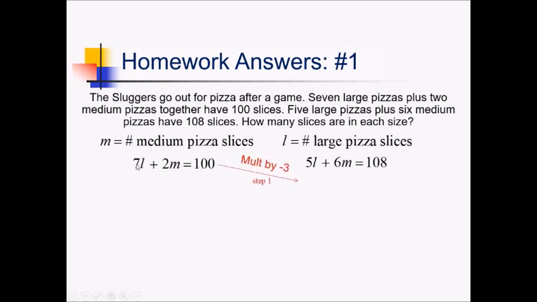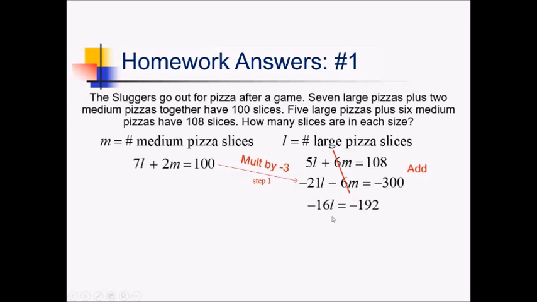That'll give me negative 21L minus 6M equals negative 600, or negative 300 rather. Adding these together now, those 6M's are gone. 5 minus 21, that's negative 16L on the left side. On the right side, this is going to be negative 192.